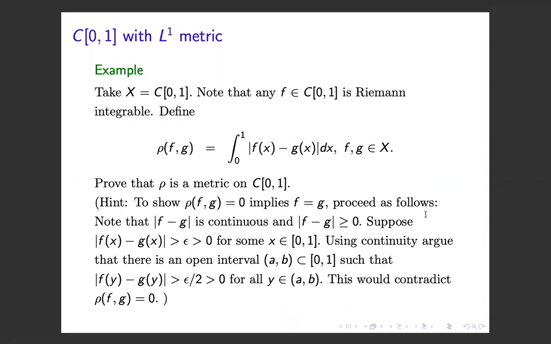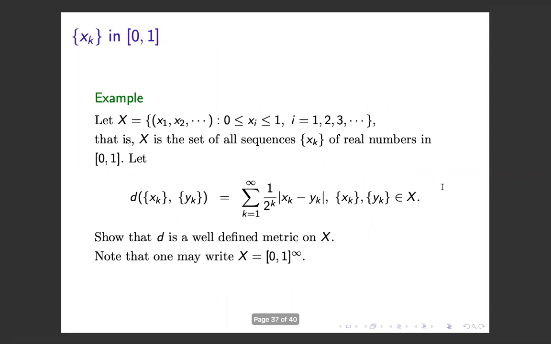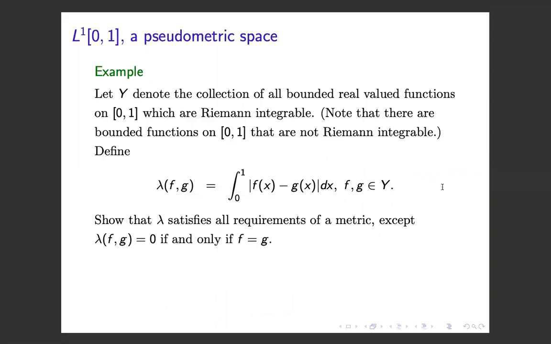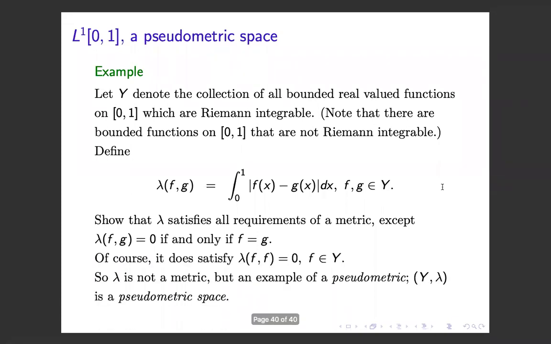There we use the continuity argument very crucially, and that would not be valid in this case. So I think I will stop here. Such objects are called pseudo-metric spaces. There is a way of dealing with that, but you will not be able to deal with this in a very satisfactory manner in this course.